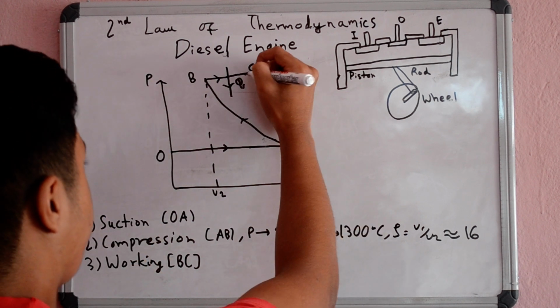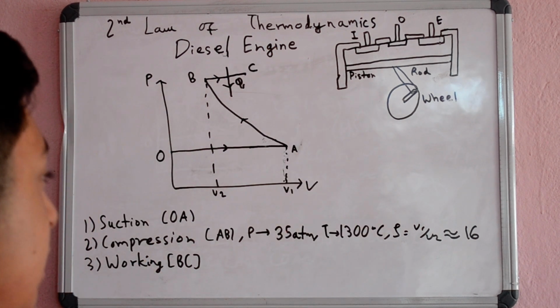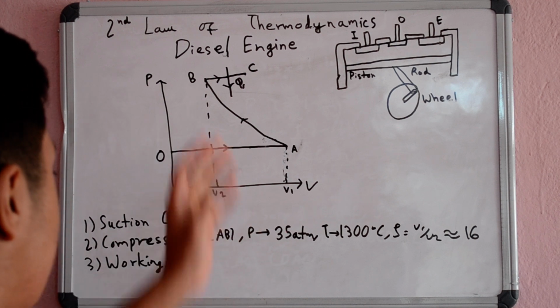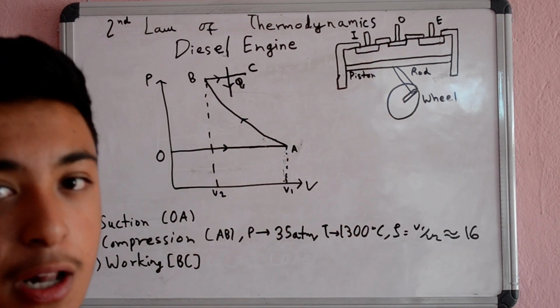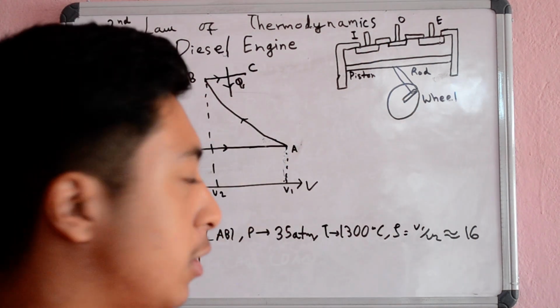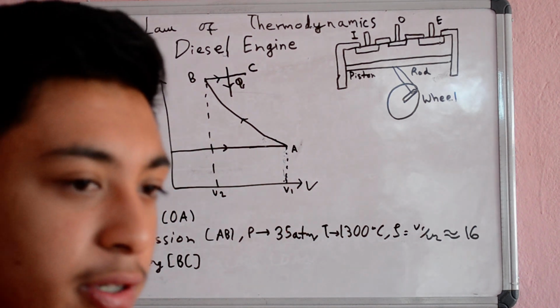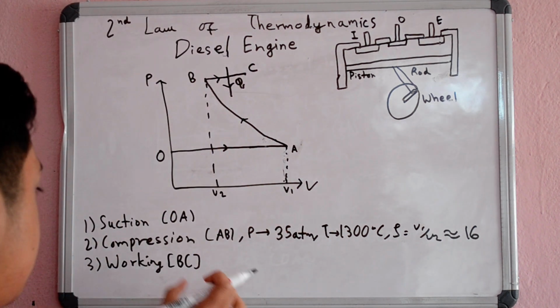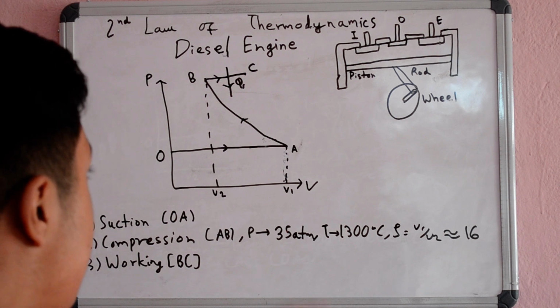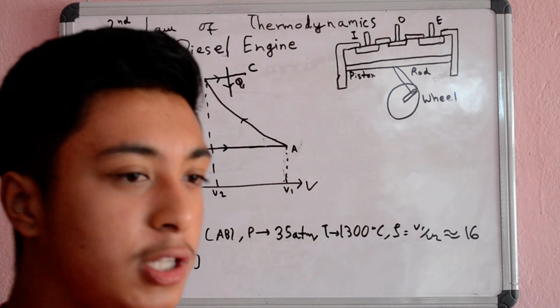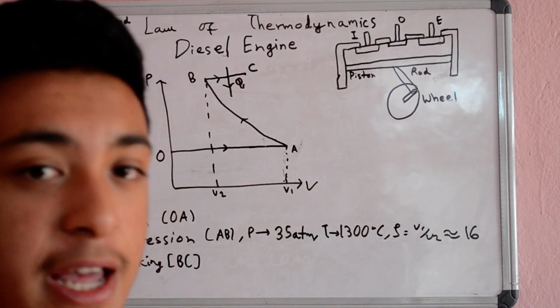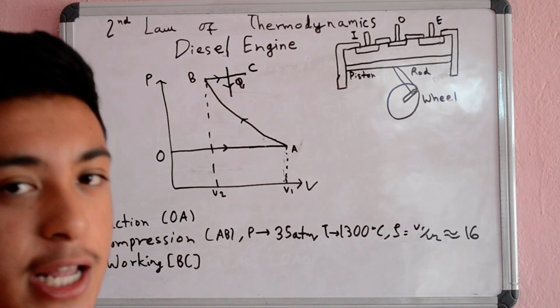Now from point C, due to the high temperature, the oil and air mixture ignites, and this is called combustion. BC is called combustion. At point C, the oil spray valve is cut off, so the supply is cut off, and it is known as the cut-off point.